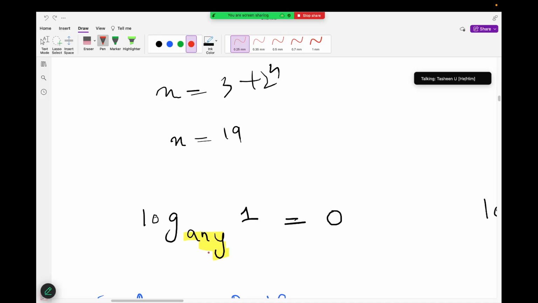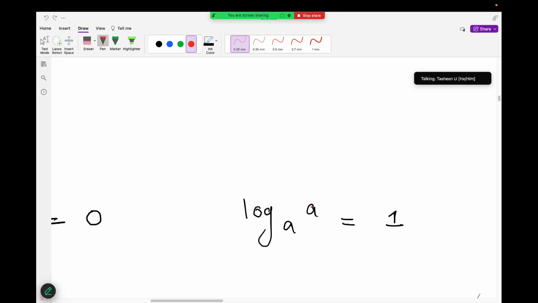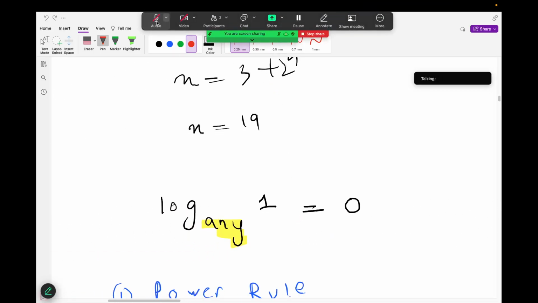So you will have these problems, and you should know that log base anything of argument 1 is 0. When we have the same base, log base anything is 0. The argument could be anything, 1 or whatever.